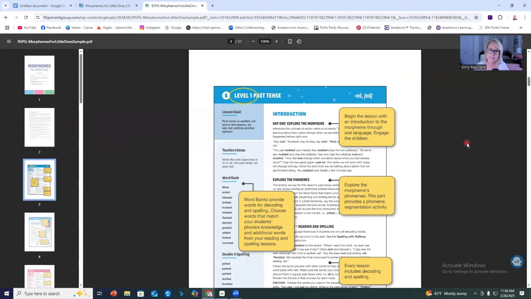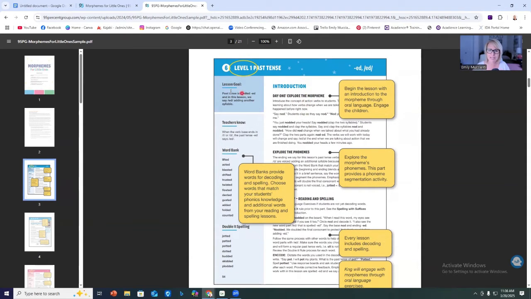But the lesson structure is very similar to Morpheme Magic. You can see that we have a lesson, and the level 1 lessons are really working on plurals, suffixes, and tense. So we are talking about some of those bound morphemes.